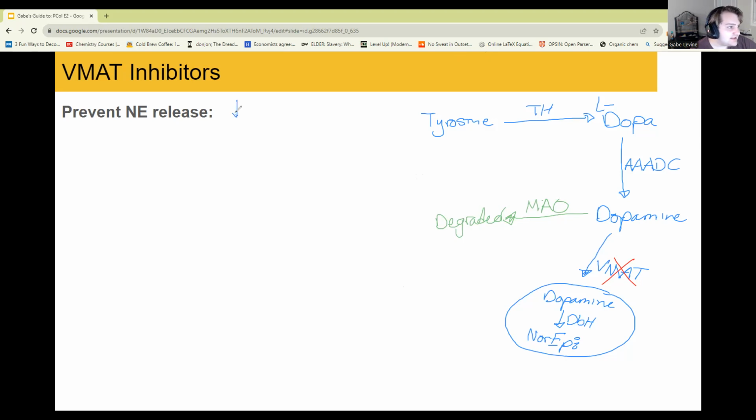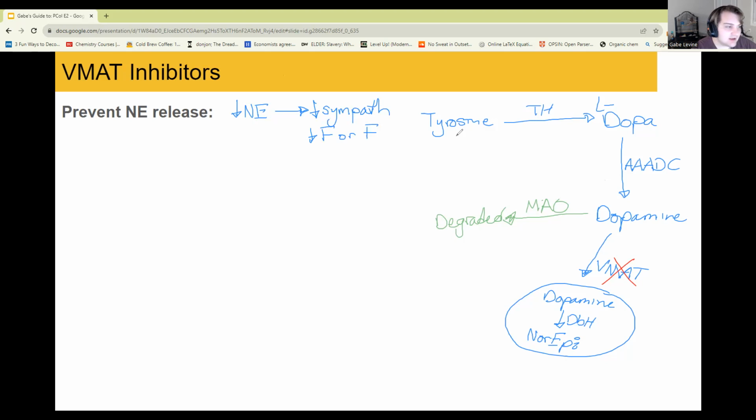If you have decreased norepi, what's going to happen to the tone of the body? Do we have increased or decreased sympathetic tone? Decreased, which means decreased fight or flight.